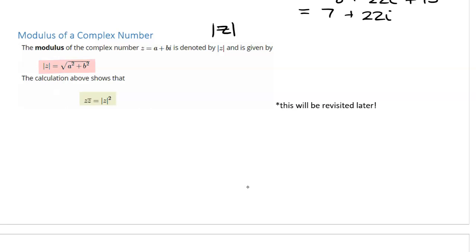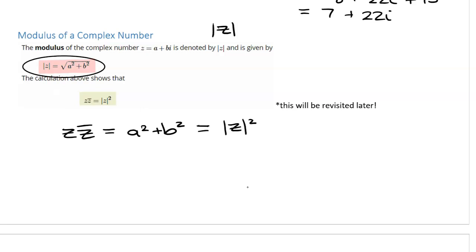Now, you may have noticed before, when we did z times its conjugate, we actually ended up with a squared plus b squared. So, because the modulus of z is the root of a squared plus b squared, that must be equal to the modulus squared. We're going to be revisiting this modulus. It's really going to be important when we're graphing our complex numbers.